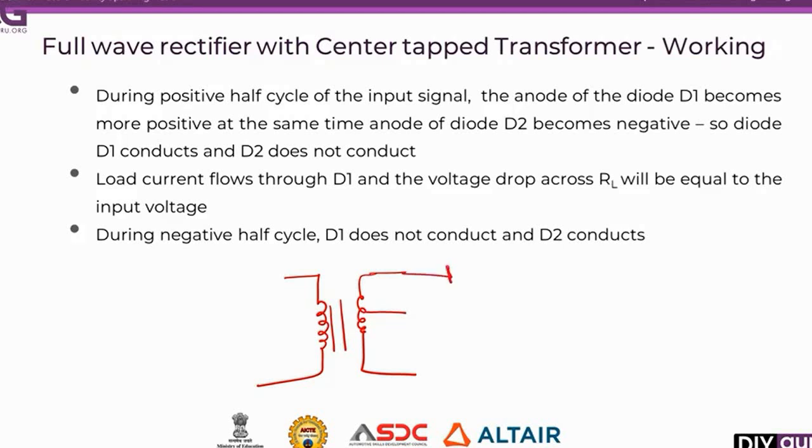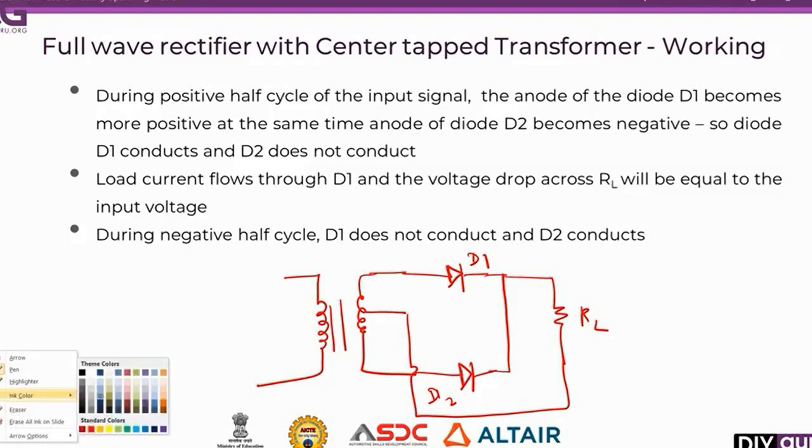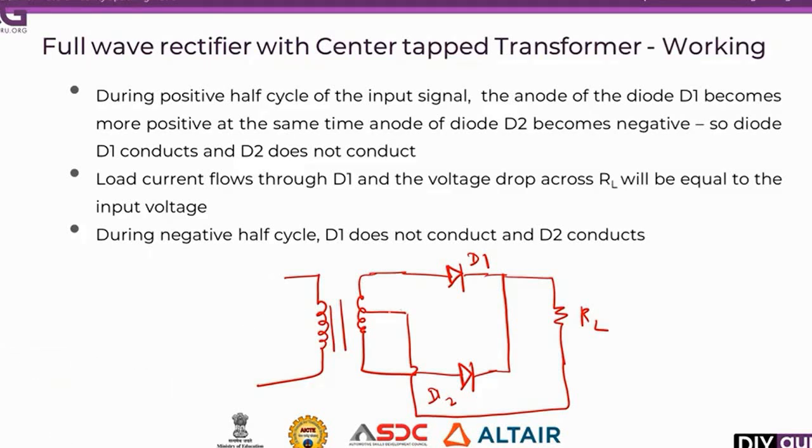This leg is connected to a diode D1 and the other leg is connected to the diode D2, and both are connected together and it is connected to the load RL. The center tapped winding and the load are connected together. This is the actual circuit. Now we will see how the circuit behaves during positive half cycle and negative half cycle.